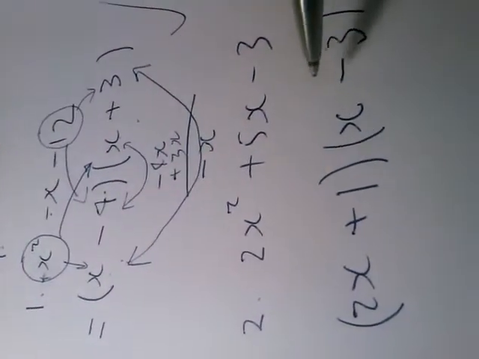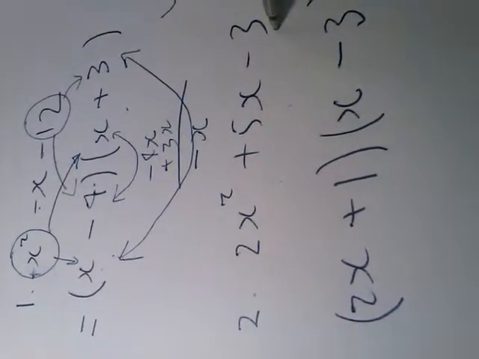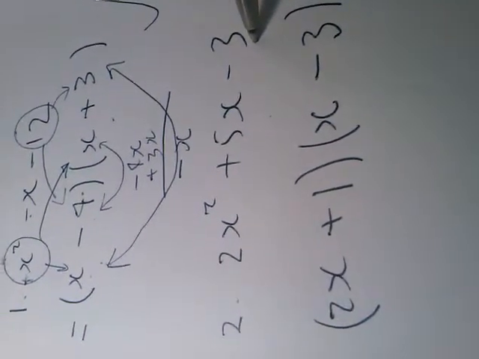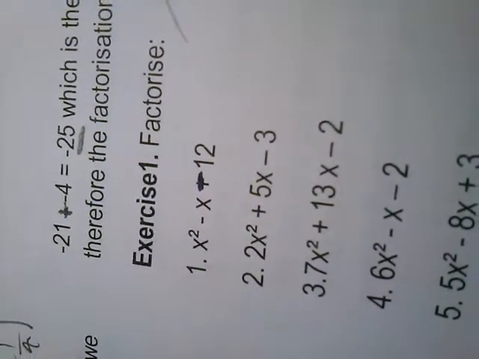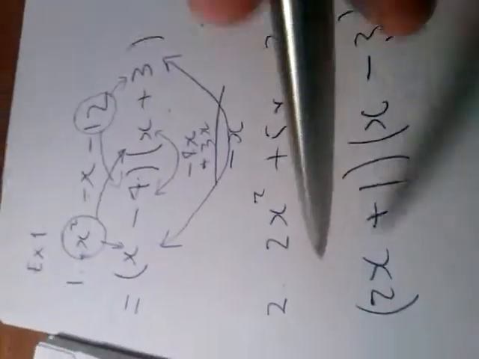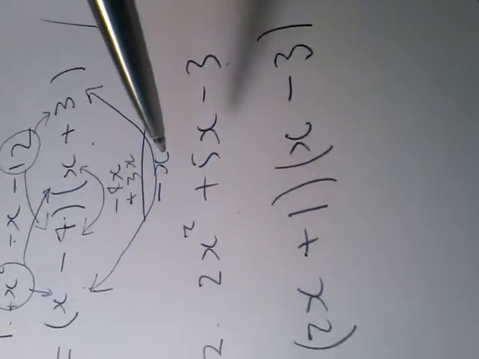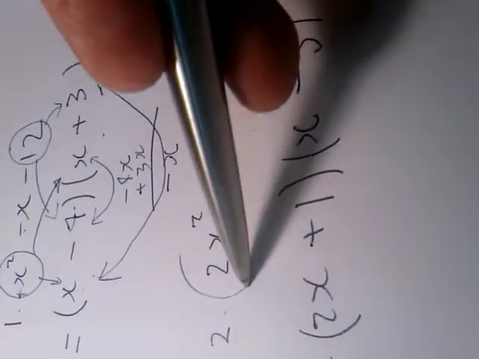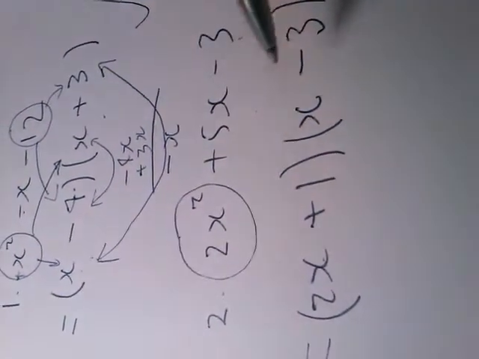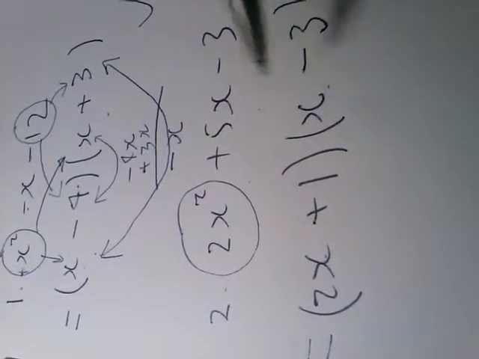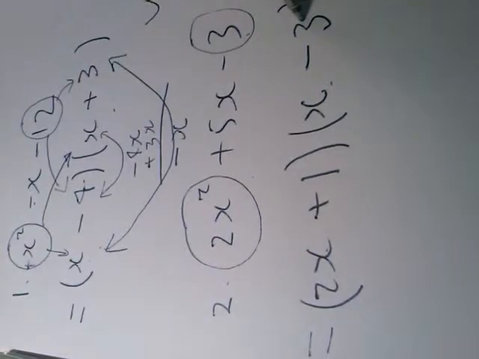Now, the second one is 2x squared plus 5x minus 3, which I got from that list I gave you. So what I'll do now, because this is a trinomial, there is no common factor, I factorize 2x squared, which is obviously 2x times x, and I factorize 3, which is 1 and 3.